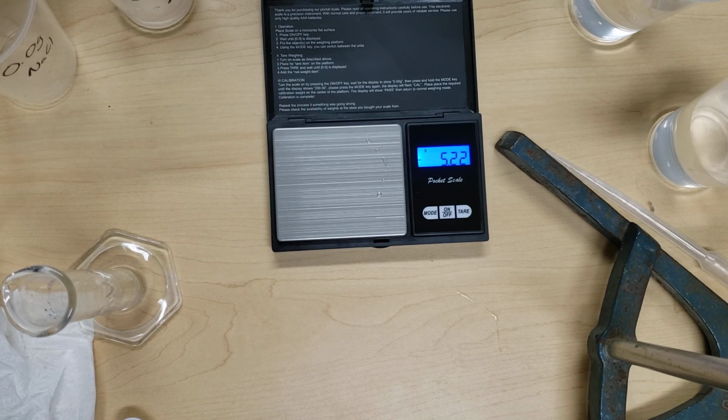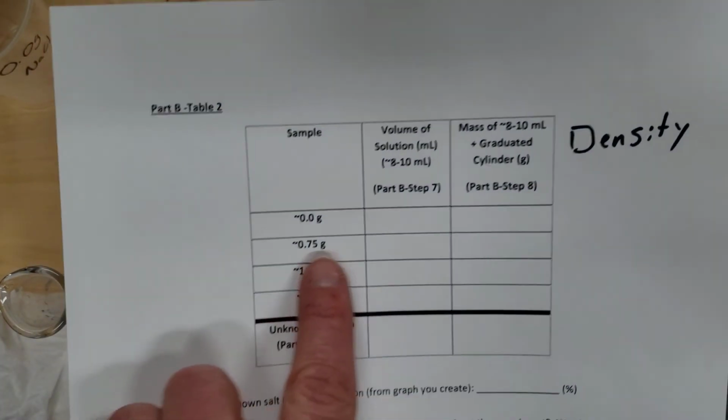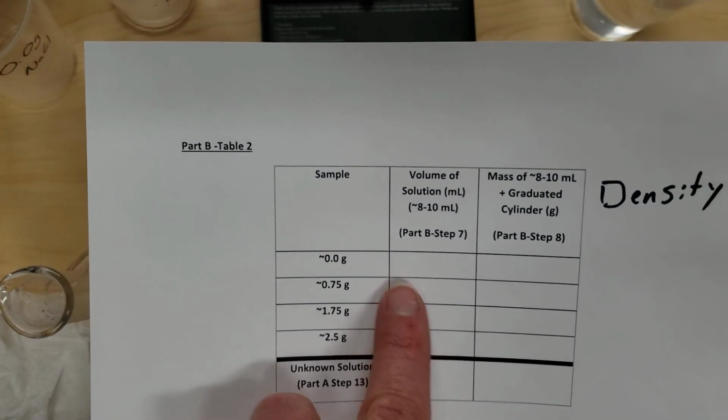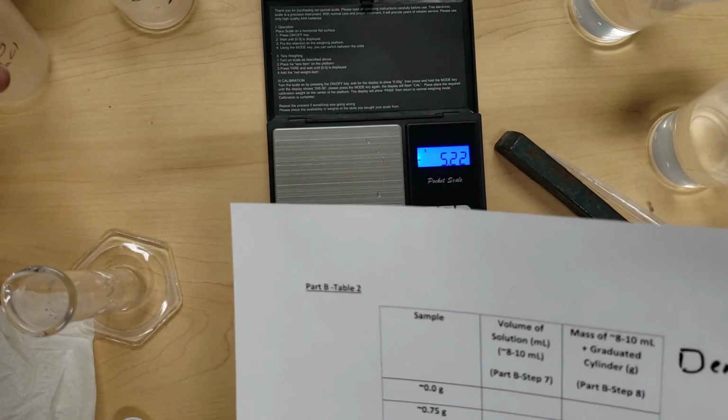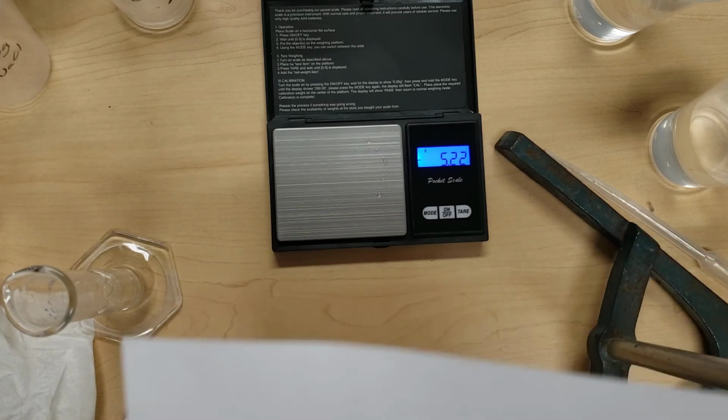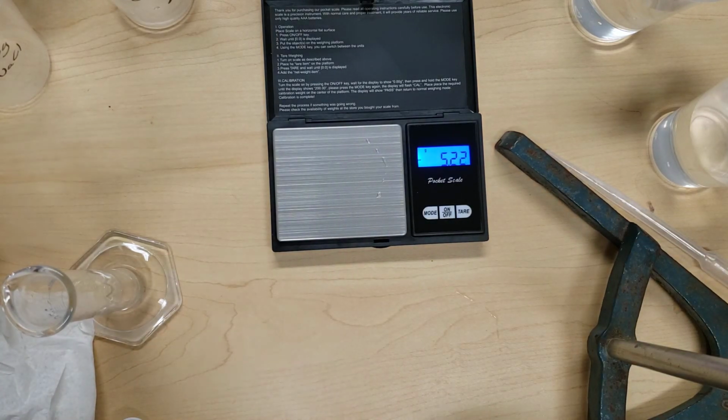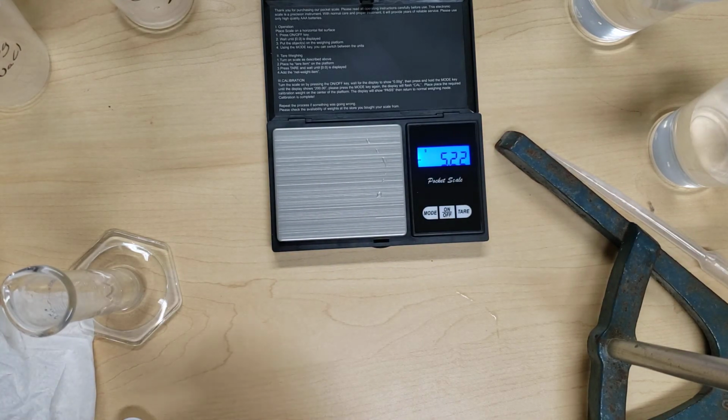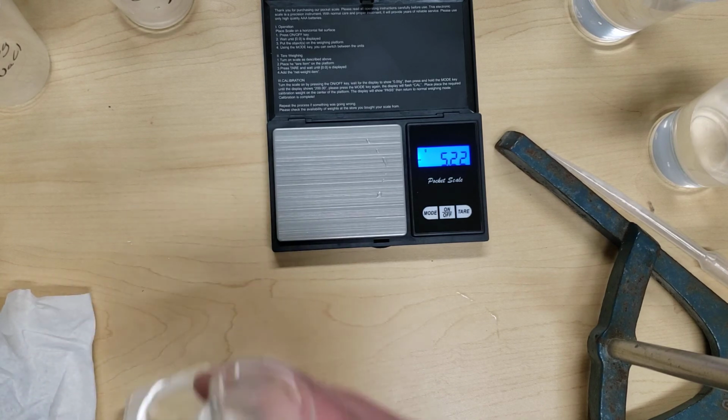Now we're going to find the density. So we're going to be using table 2. For each of those solutions that we made, we're going to find the density.